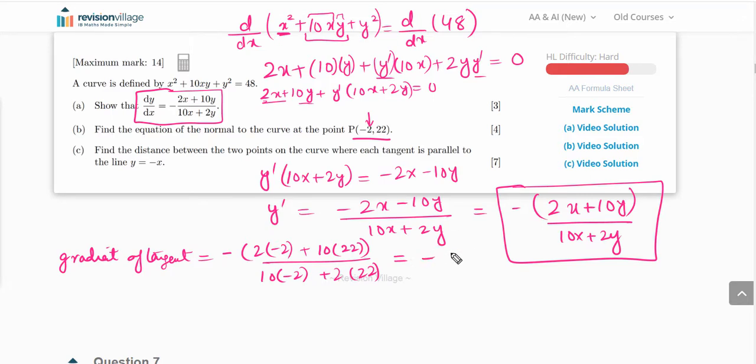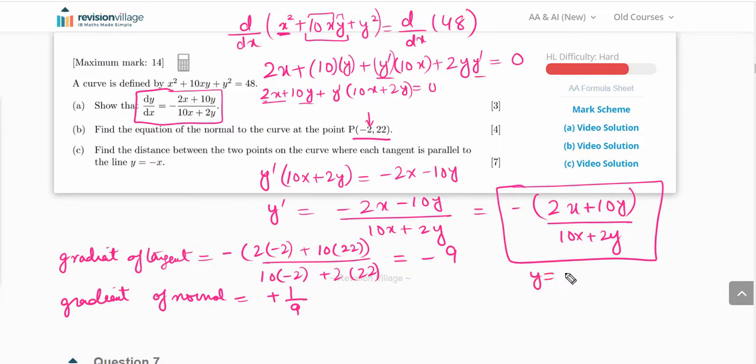So this has become equal to negative 9. Now the gradient of the normal, I'll just flip it, which means I'll take its reciprocal and change the sign. It's negative, so the gradient of the normal will be positive, so that will be equal to 1 over 9. So the gradient of the normal is 1 over 9, and now we have to work out the equation.